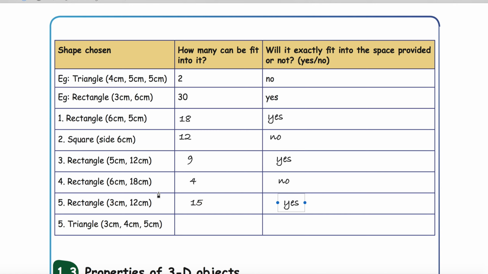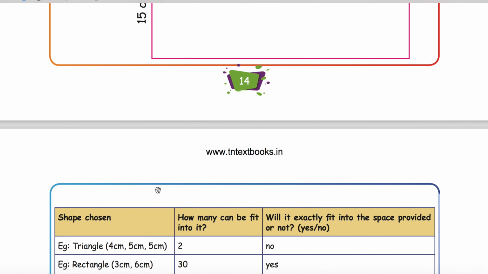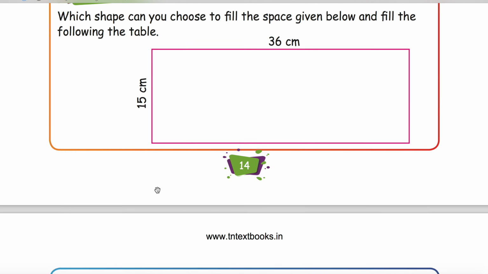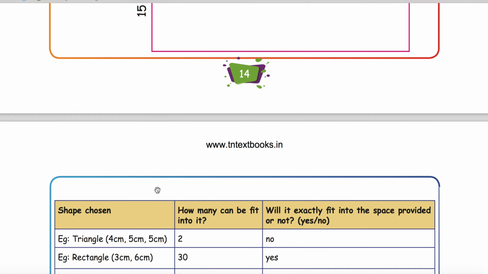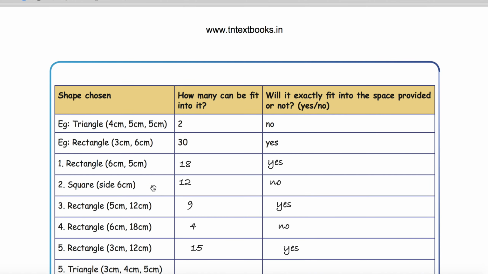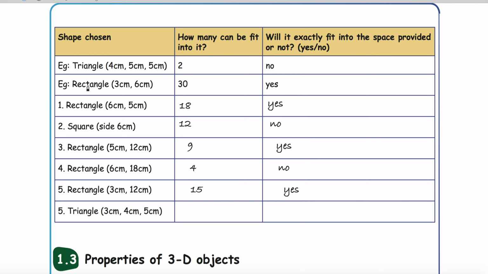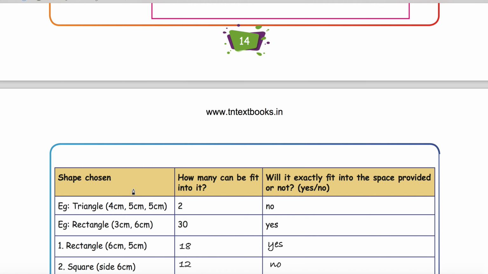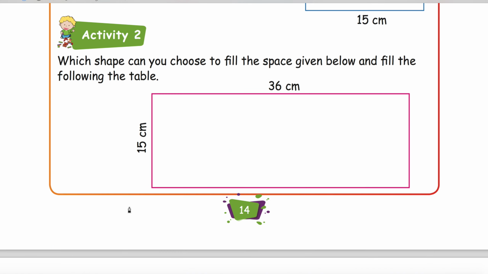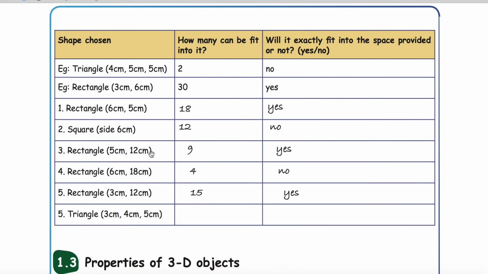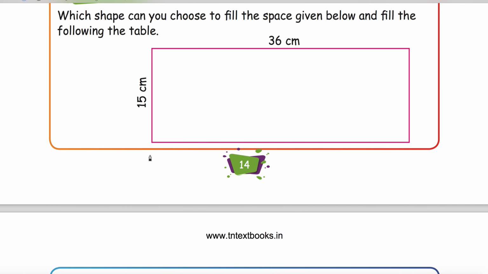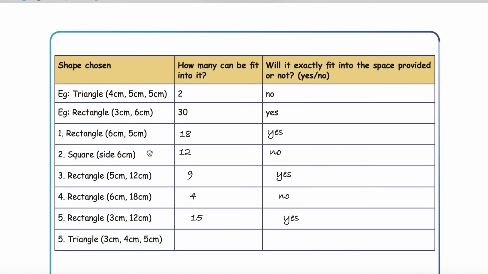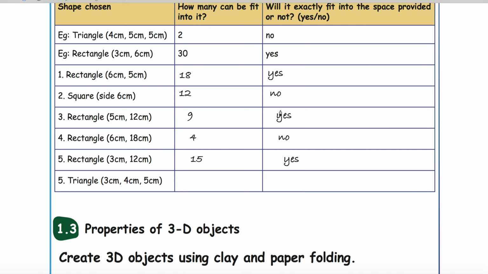Triangle 3 cm, 4 cm, 5 cm. Triangle case, we can't use it to fit the entire area.